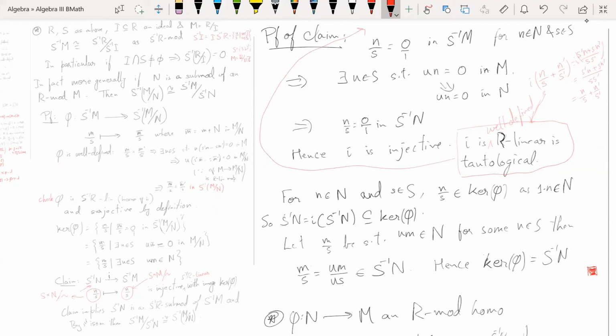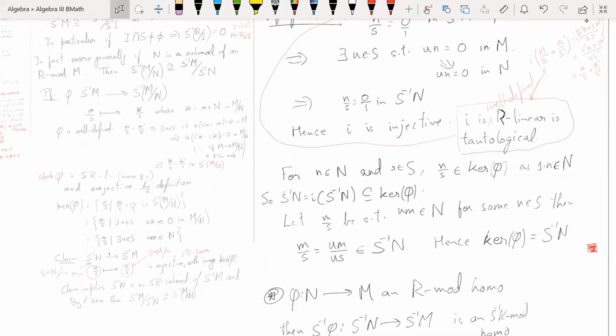So that tells you that I is injective, and finally we want to show that the kernel of phi is the same as the image of I. We'll use the same notation for the image of I, S inverse N. So for n in N and s in S, n over s obviously belongs to the kernel of phi, right?